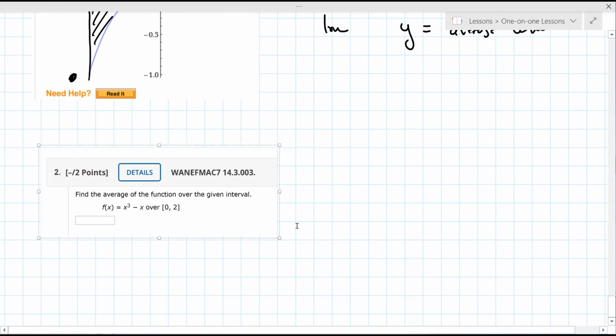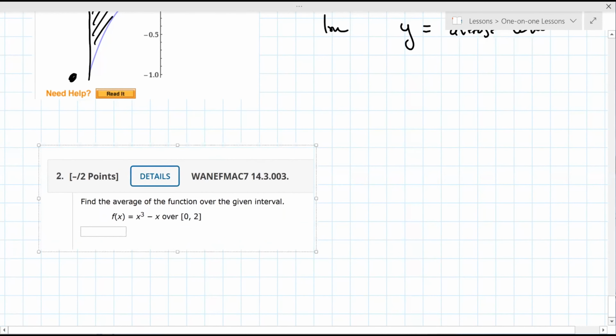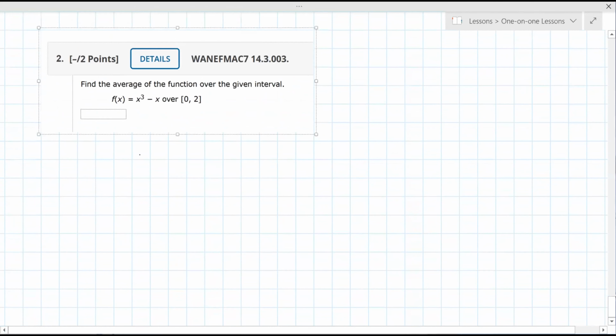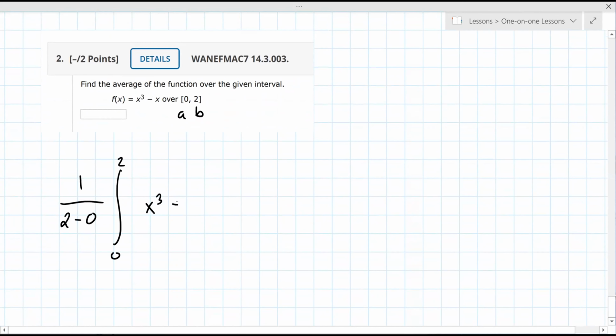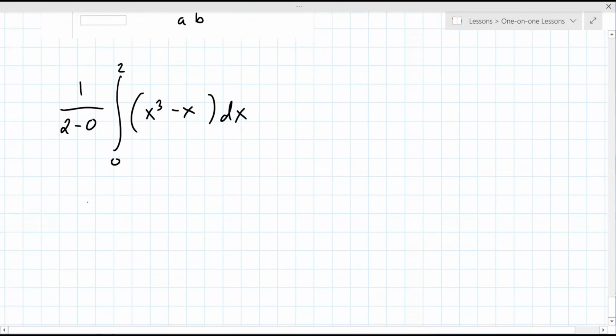All right, so find the average value of the function over the given interval. So this is your a, this is your b, your f of x. Obviously, it's 1 over 2 minus 0, integral from 0 to 2 of x cubed minus x dx. You could absolutely use technology, but you can do this by hand. It's completely up to you.